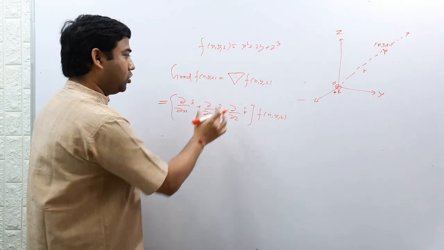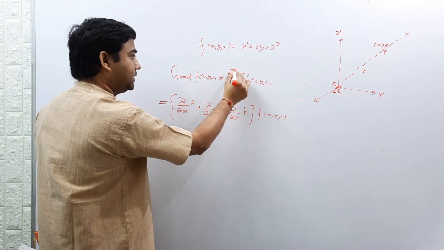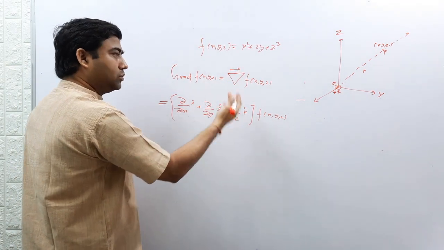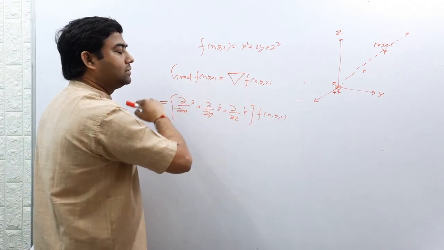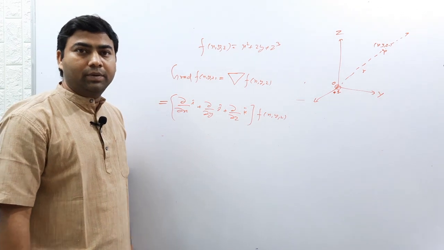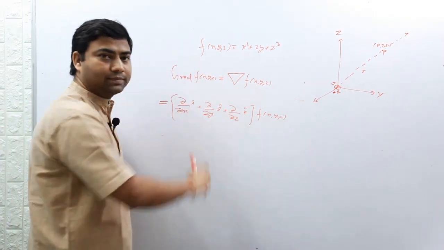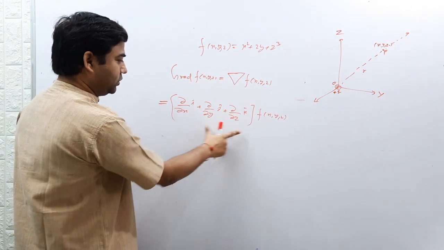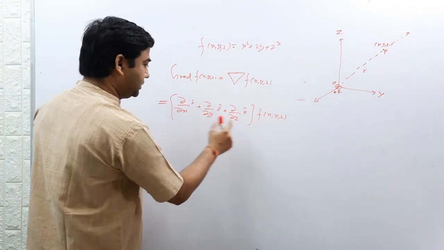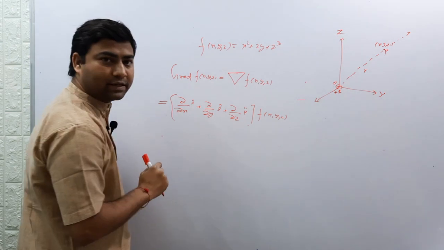Sorry, the del operator del. This is a vector operator. So in general writing, we don't use this vector symbol. We just write like this. So this is the expression for del, and this is the function. So this is grad of the function f(x, y, z).